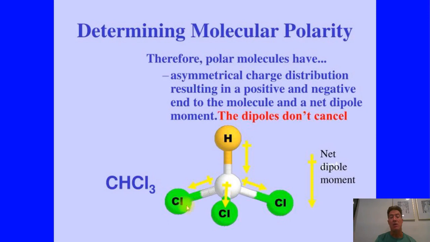In this case, we know that chlorine is much more electronegative than hydrogen, and so it's going to pull the electrons closer to itself, leading to a net negative charge on this part of the molecule and a net positive charge on this part of the molecule. And we call that a net dipole moment, if there's a net charge in one direction or the other of the molecule.